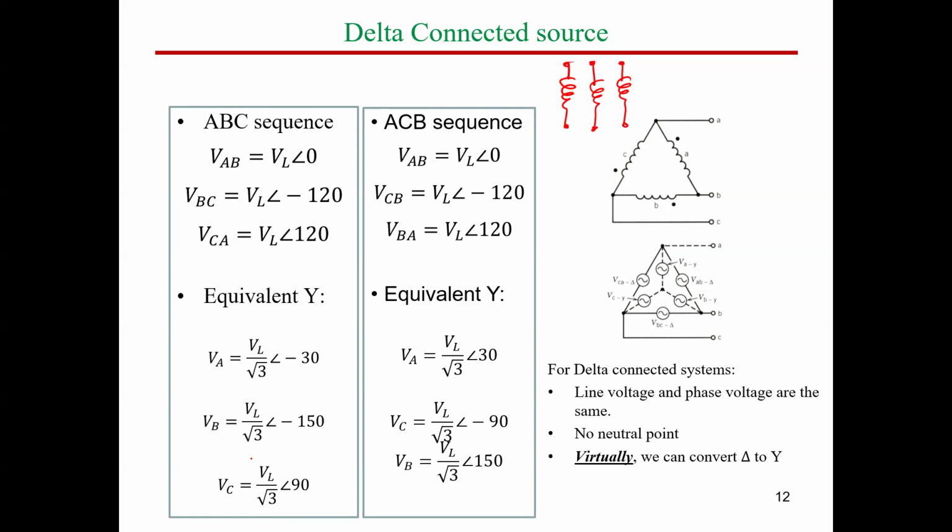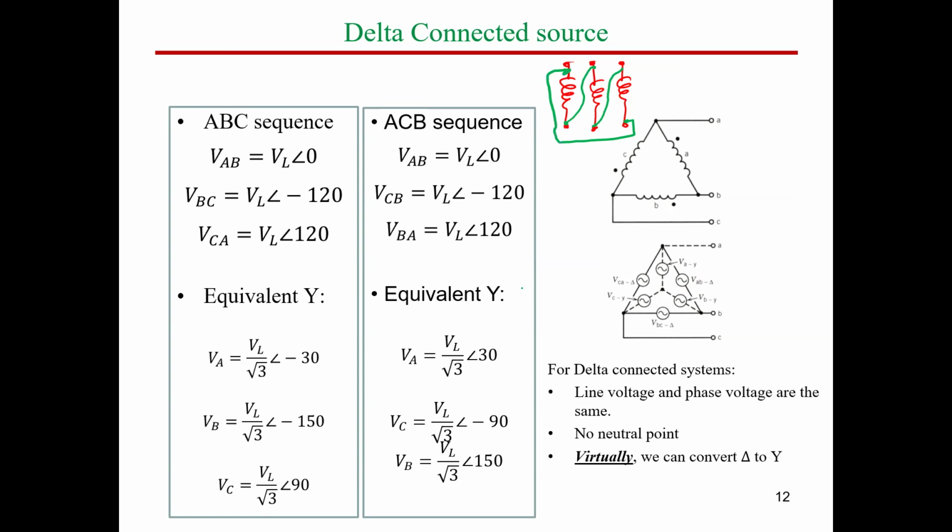I'm going to connect in a different color to make it visible to you. For delta connection, connect the end of the winding to the start of the next winding. So this is the end of the winding, connect this to the start of this winding. The same here, this is the end, connect that to the start of that winding. The same here, this is the end, connect this to the start of the first winding. So this is called the delta connection.